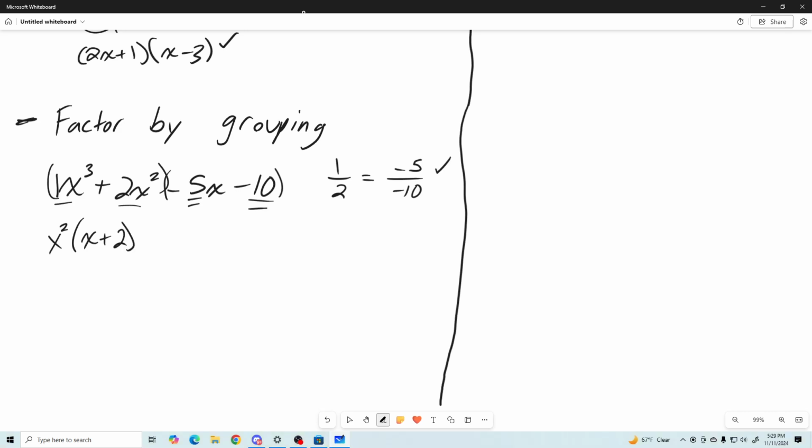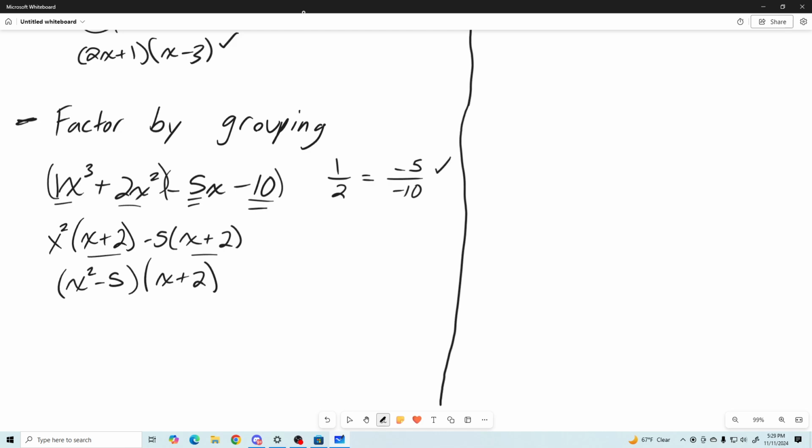All right, now over here, I have a -5x and a -10. Looks like I can take a -5 out of each of those. So I'll do that, and I'll get an x plus 2. And wouldn't you know, we have x plus 2's for both of them here. So we can rewrite this as x squared minus 5 times the quantity x plus 2. And that's our final answer by grouping.